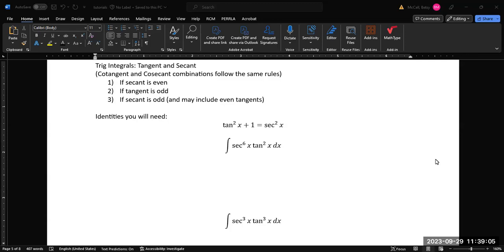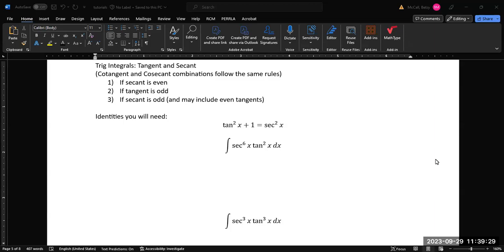Basically, the same as sine and cosine, these break down into three cases. Now, the powers that we're going to be looking for are going to be different than sine and cosine, primarily because of the way the derivatives of secant and tangent compare to sine and cosine.